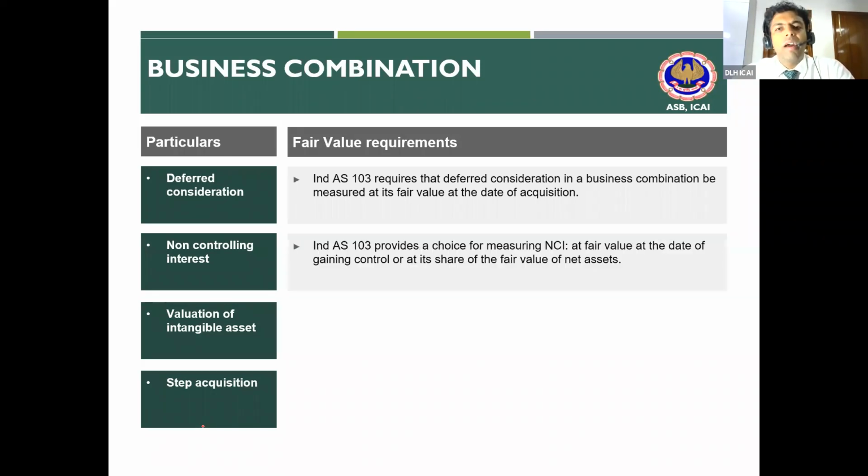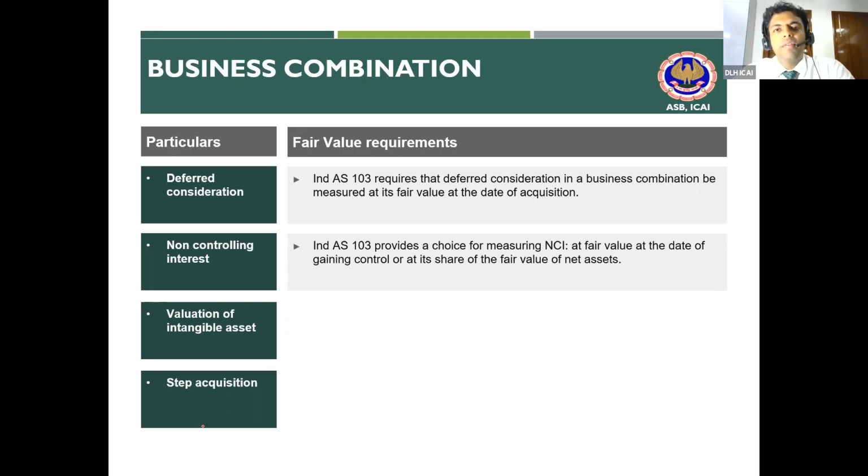NCI needs to be fair valued. Valuation of the intangible assets. So at the time of business combination, the hidden intangibles need to be identified. For example, customer list, any other item in respect of the intangible, for example, brand, right?